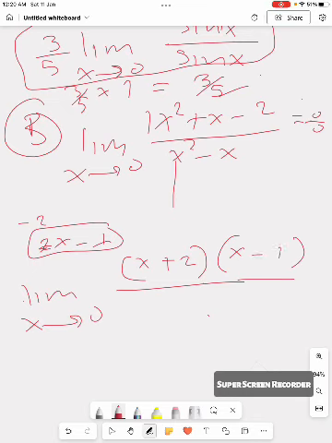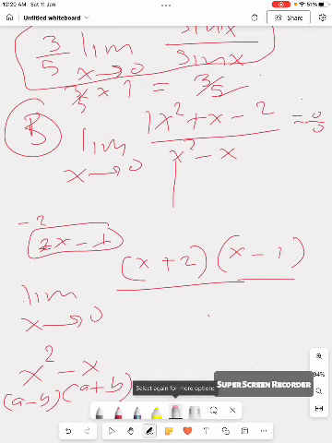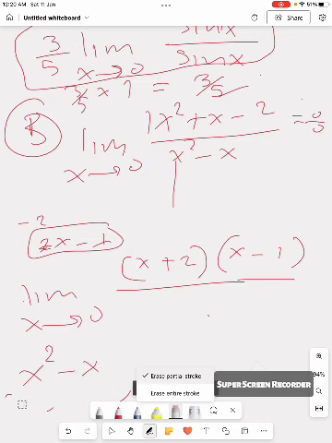So how do you factorize this? X square minus x. If you know difference of 2 square, difference of 2 square is a minus b, a plus b. Okay, so here, since x is a common factor, we can factorize this.